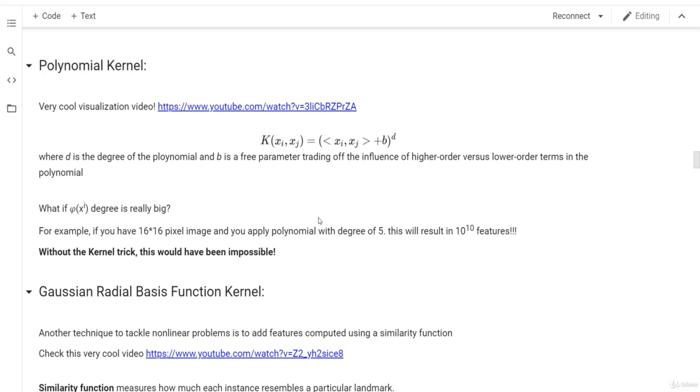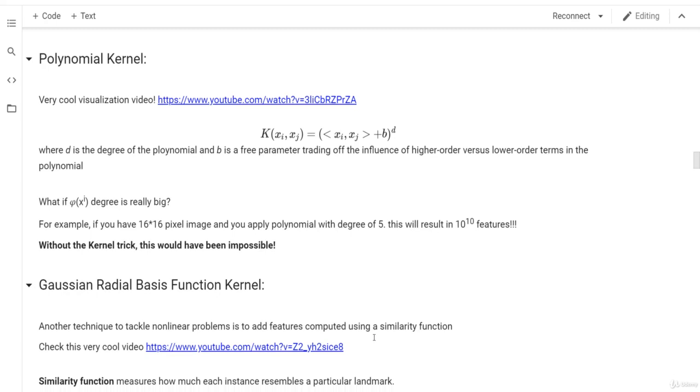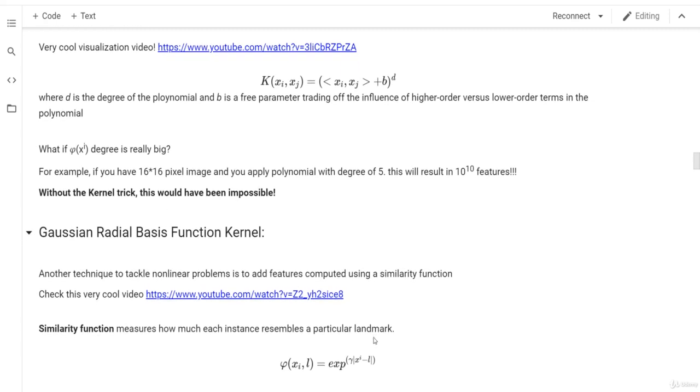There is no correlation between the features we have. But using the radial basis function, the features that we add in the new space are actually computed using a similarity function.